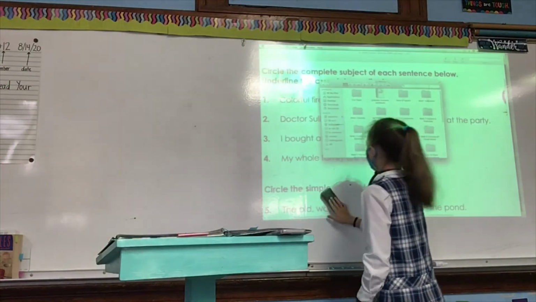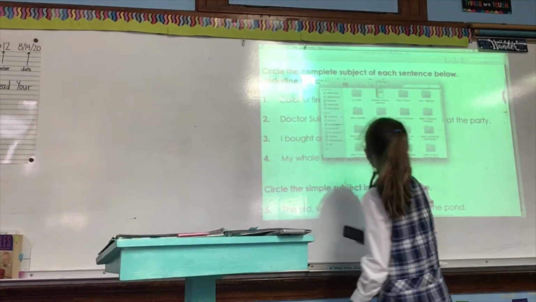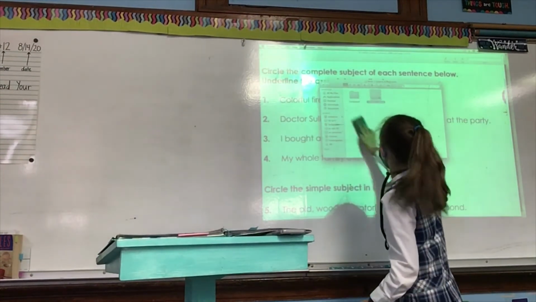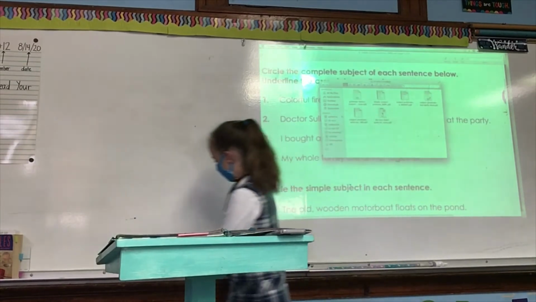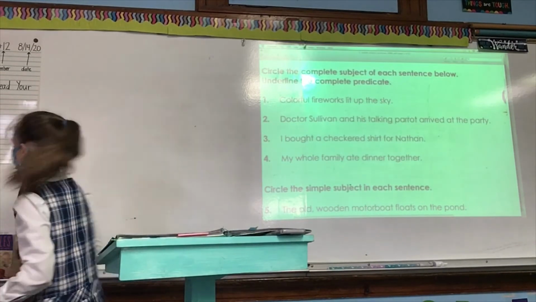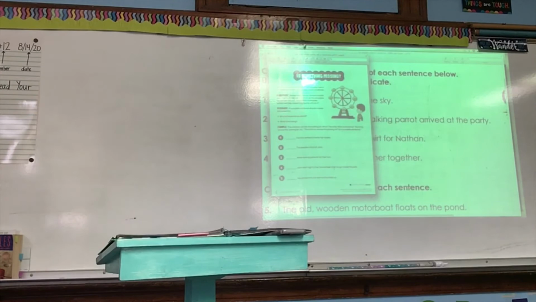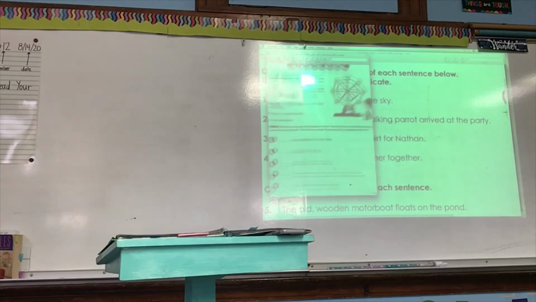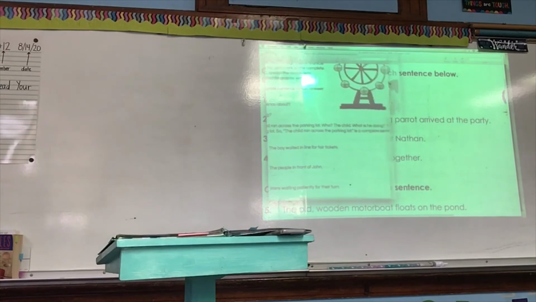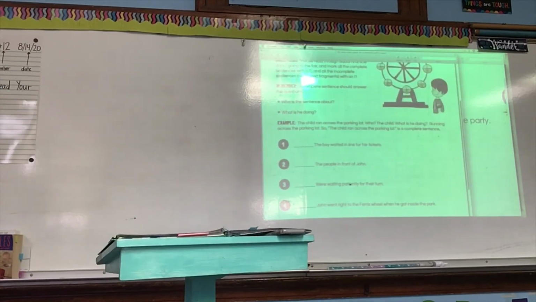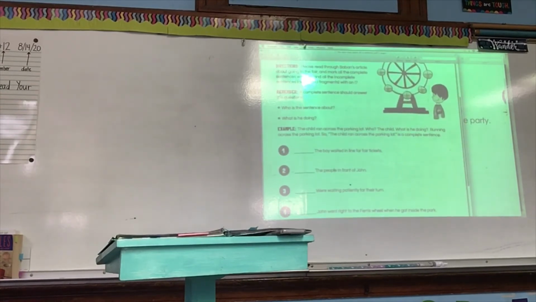I have to select the right thing. Those of you at school, I will pass this out really quick. Those of you at home, you should have the sheet out with the Ferris wheel on it.